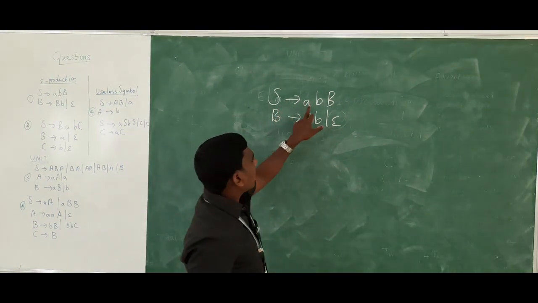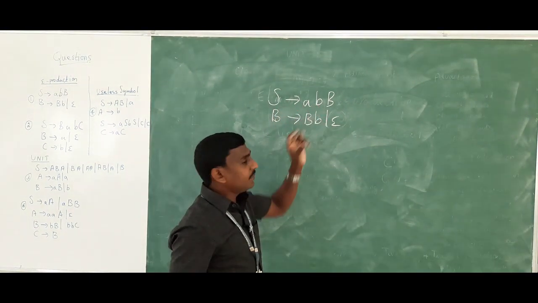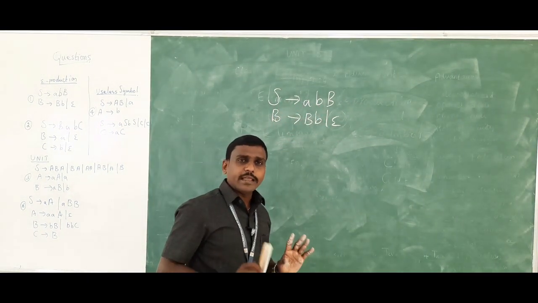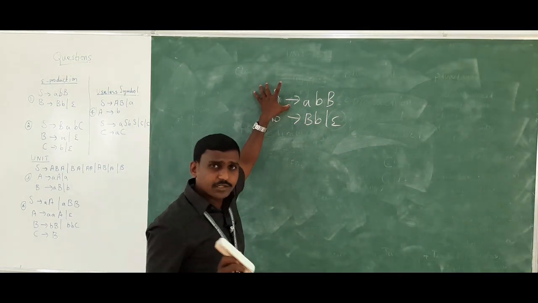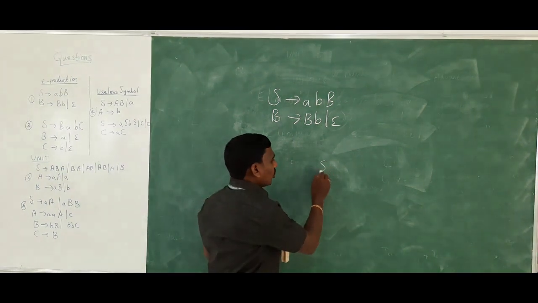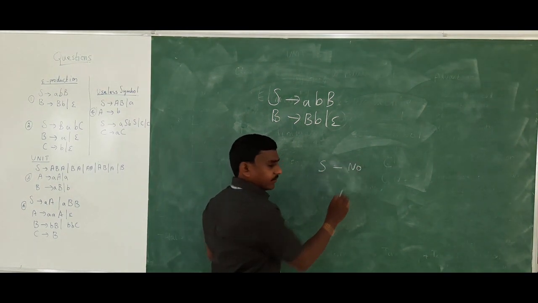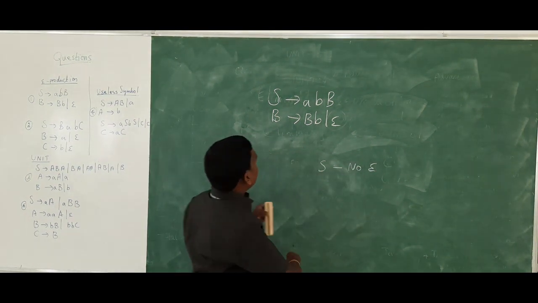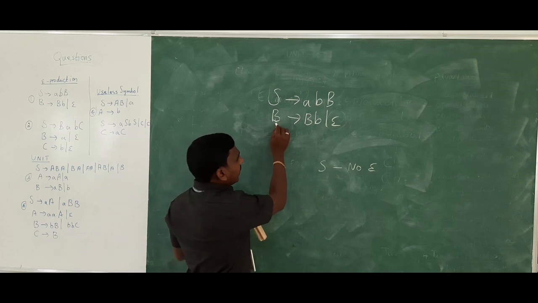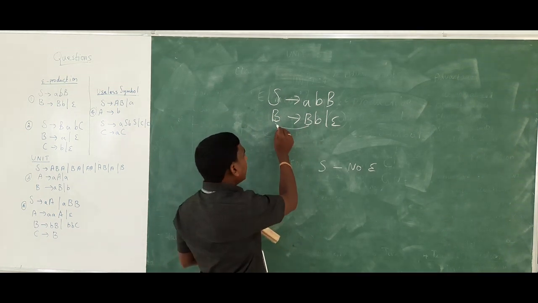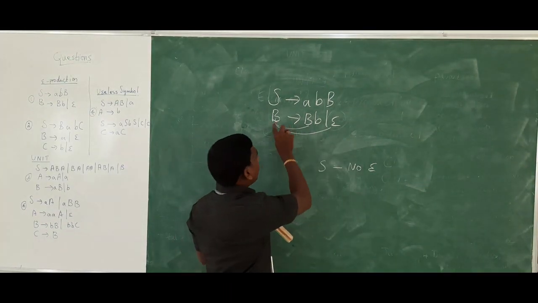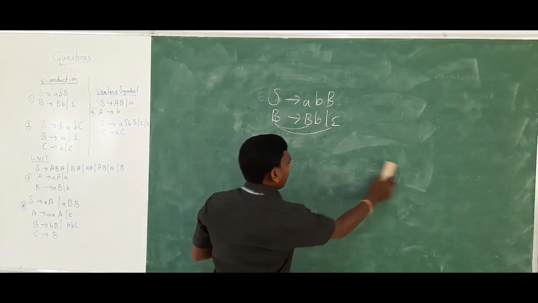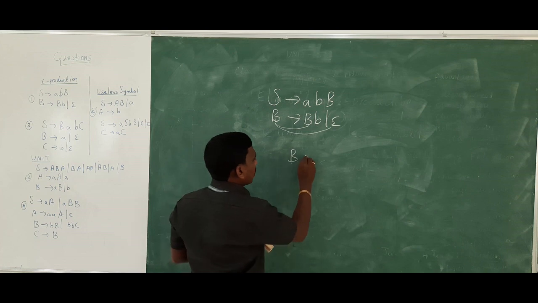S variable has A, B, B, one production, but there is no epsilon production. So for S, there is no epsilon. But see, for B, I am checking B, I have two productions. One is BB, another one is epsilon. So I have epsilon production for this variable B. So I am having B, I am having epsilon.